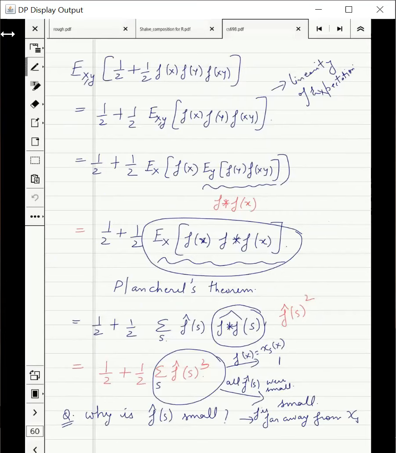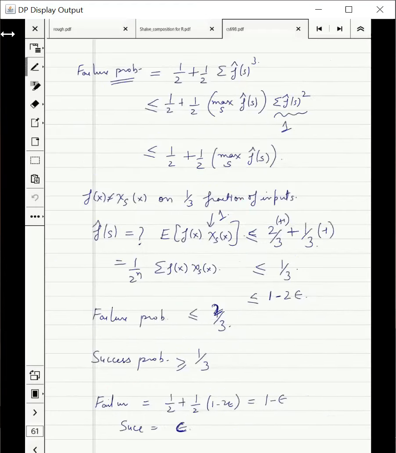We frame our problem in terms of f, convert it into the Fourier domain, and as soon as we convert it into the Fourier domain, the answer follows. This gives the famous BLR algorithm: Blum, Luby, and Rubinfeld's linearity testing. The famous algorithm.